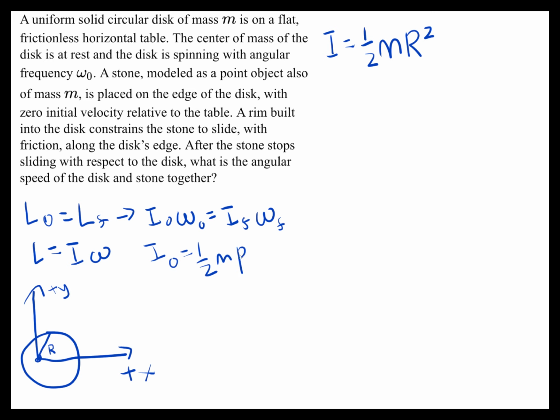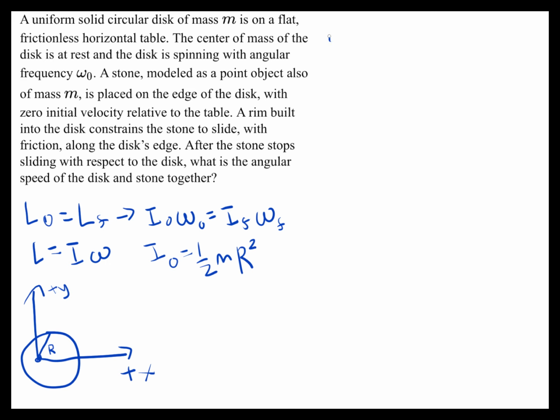We can ignore the stone for the initial one, but we need to solve for the final moment of inertia now. One thing to note is that once you put the stone on, the center of mass is going to move.